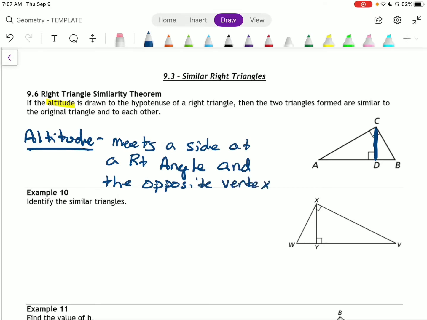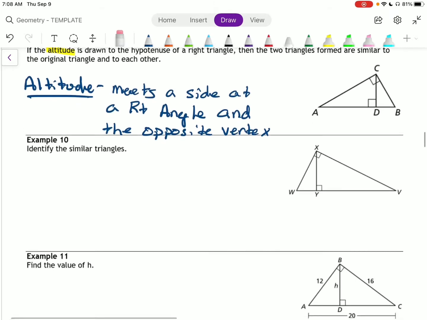I'm sure there's a better definition, but that is what it is. It touches the side down here at its right angle, and it also touches the opposite vertex. In this case, it's C. So that altitude there, that's CD, separates the big triangle ABC into two smaller triangles, ACD and CBD.